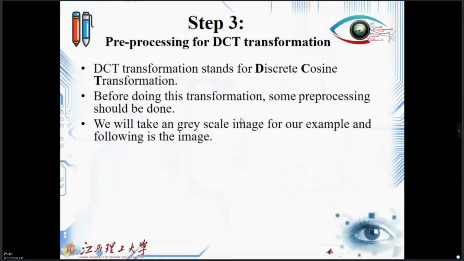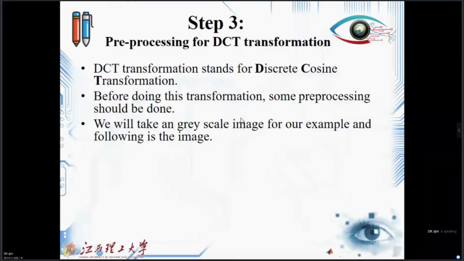Then the discrete cosine transform acts as the part. But before doing that, as we said, we should have some pre-processing, and we will take a grayscale image for our example, for the image that we have.